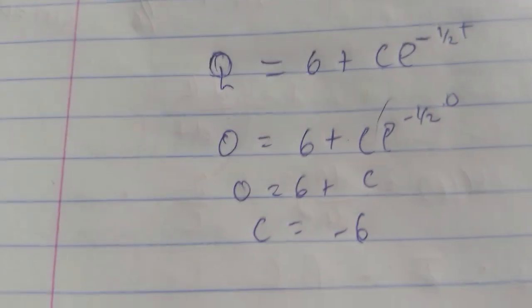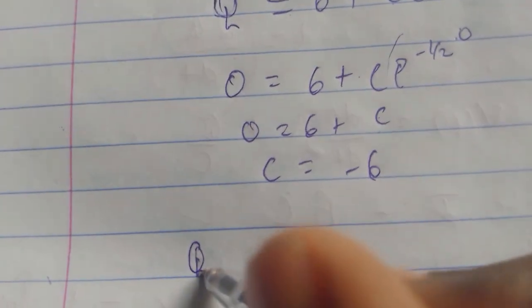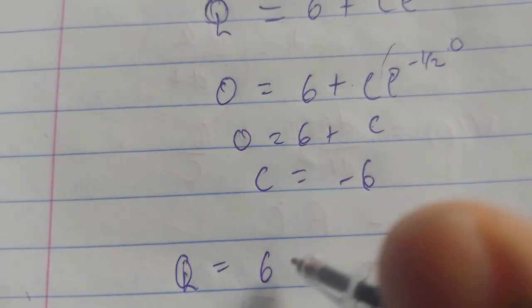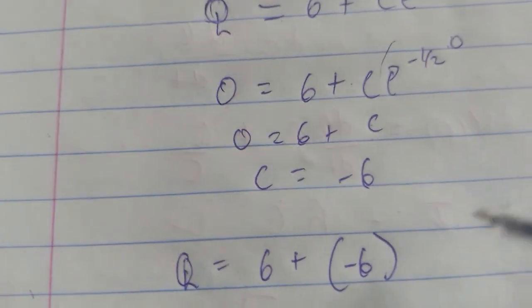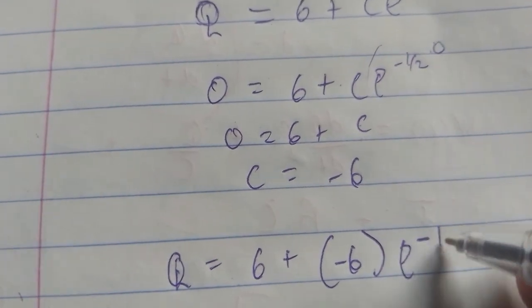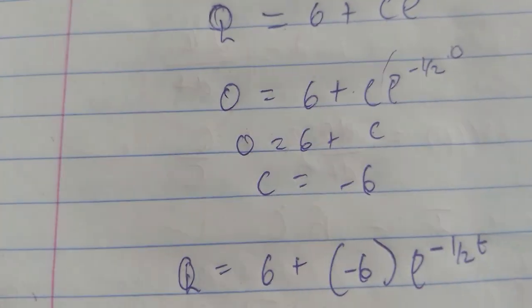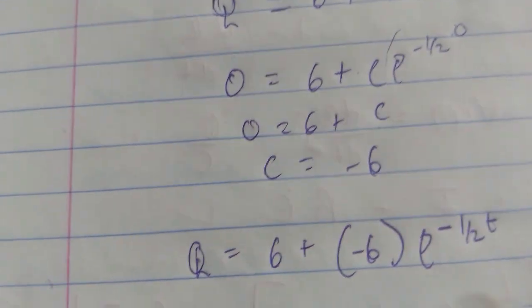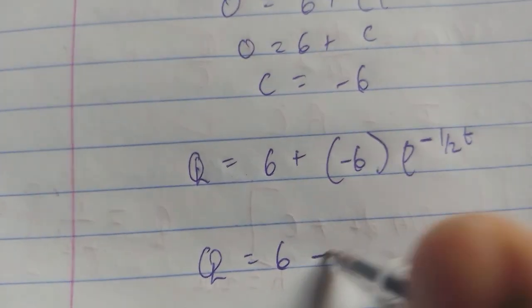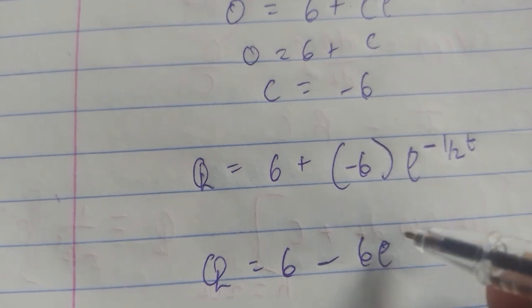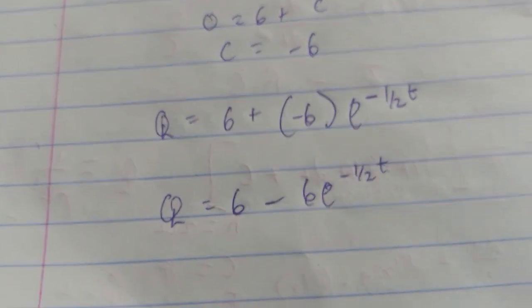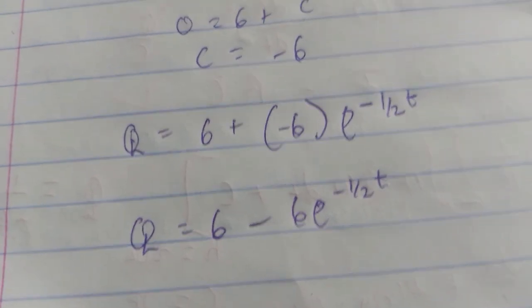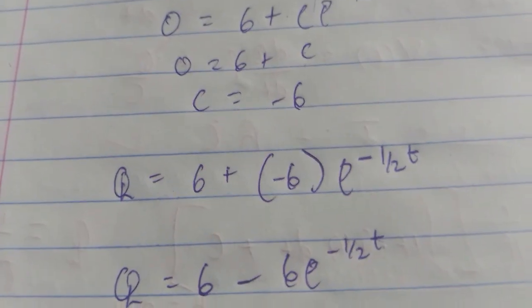So q is equal to 6 plus, instead of c, I put minus 6, exponential negative 1 over 2t. So I have q is equal to 6 minus 6 exponential negative 1 over 2t. So this will be the final answer for this problem.